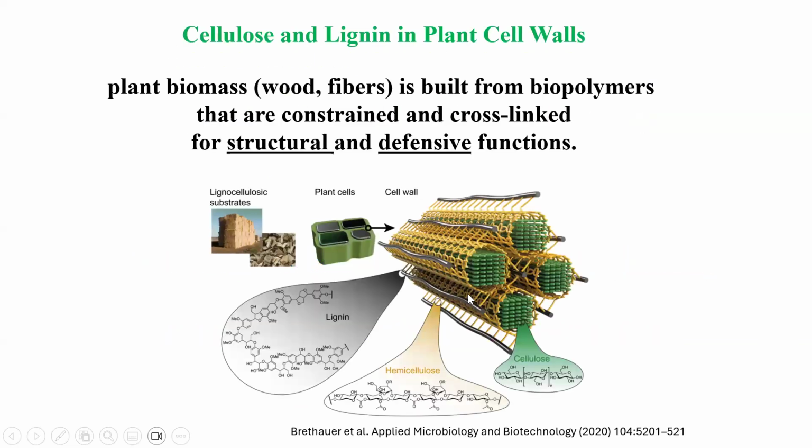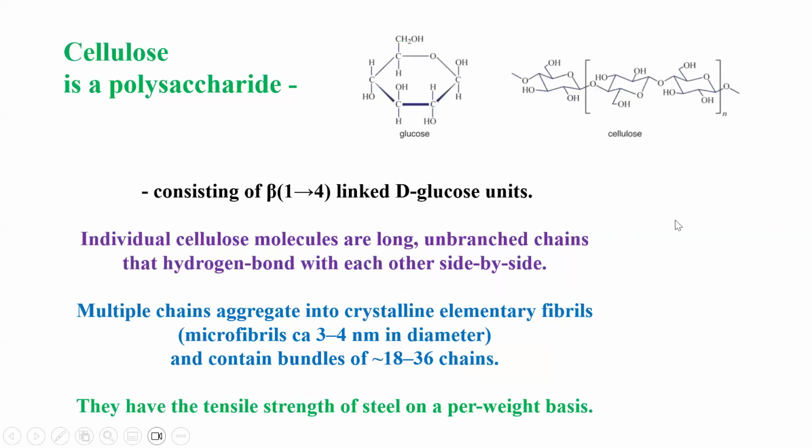Cellulose and lignin in plant cell walls are built from biopolymers which are constrained and strongly cross-linked for structural and defensive functions. This is very important for plants and trees, so that they can grow tall and resist pathogens, so that they don't start to rot when they're not supposed to.